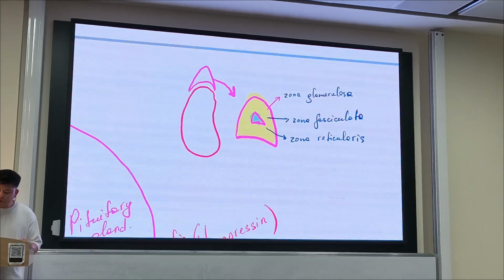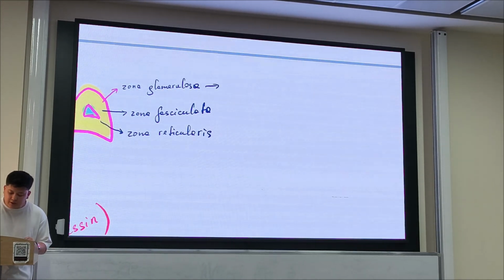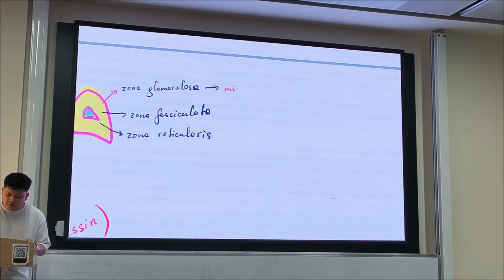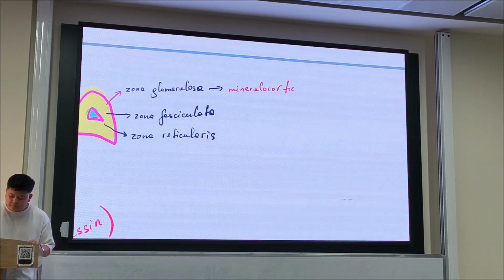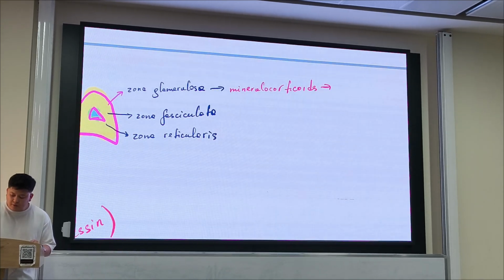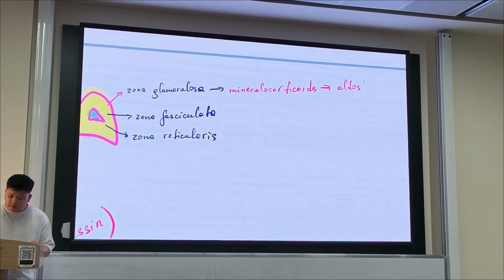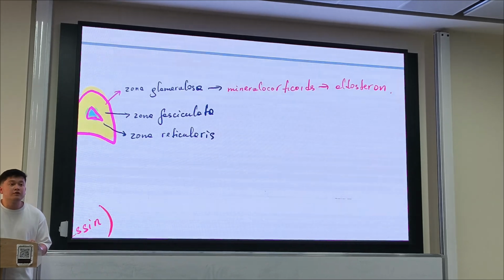So zona glomerulosa is going to synthesize the mineralocorticoids. Do you know what the mineralocorticoids are? They are aldosterone. How is the aldosterone going to be synthesized?